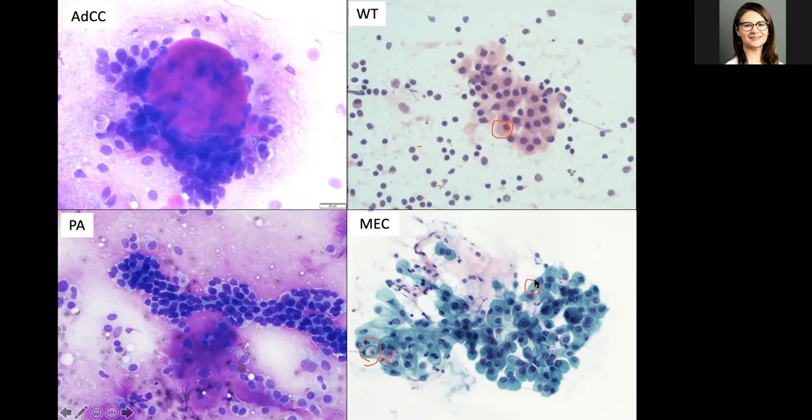And so when you have a neoplastic population with both intracytoplasmic mucin as well as some background stromal mucin spread out on the slide, those features would be good for a mucoep. Okay. So these are our 4 examples of neoplasms that were able to be diagnosed on FNA.